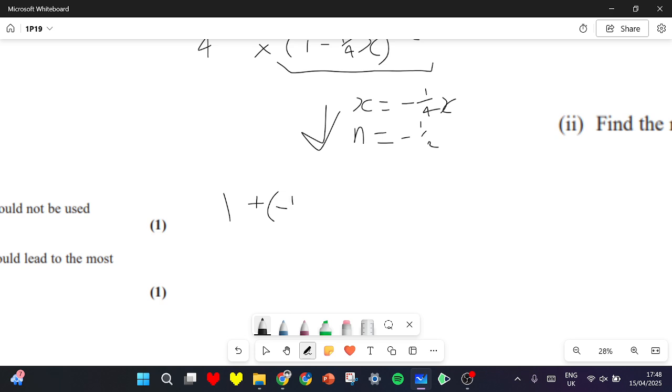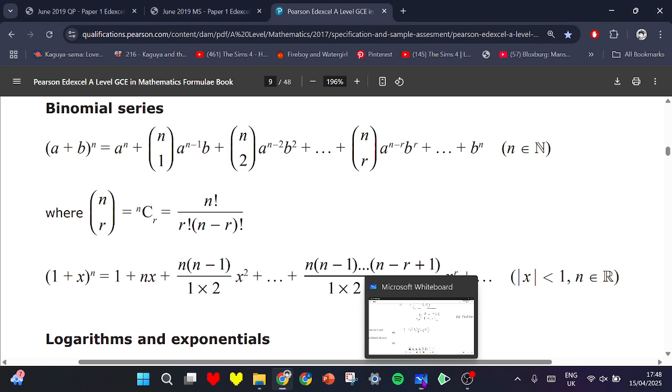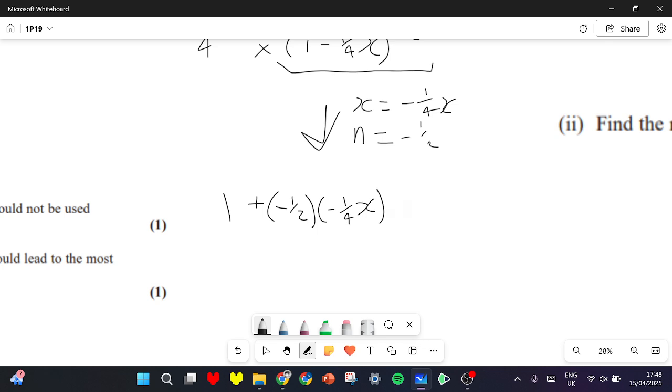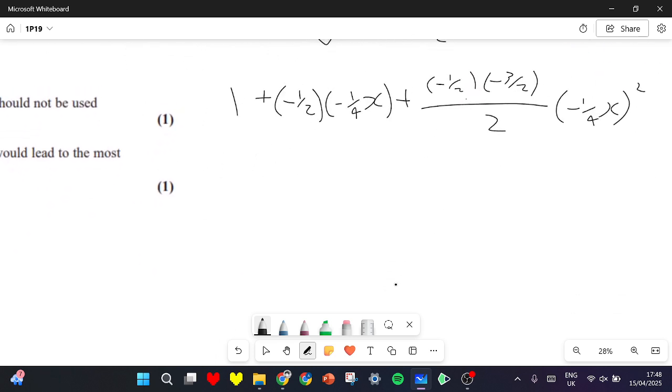So that's that. And then n times n minus 1 over 2 x squared. So that's minus a half, and then minus a half minus 1, which is minus 3 over 2, the whole thing over 2 times 1 over 4x all squared.